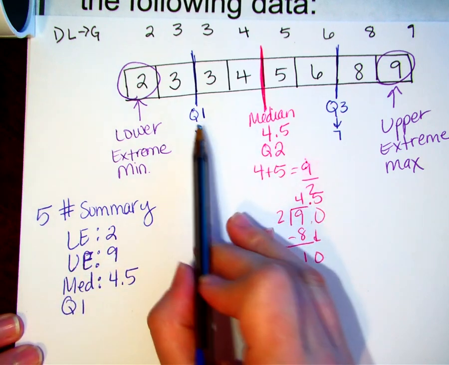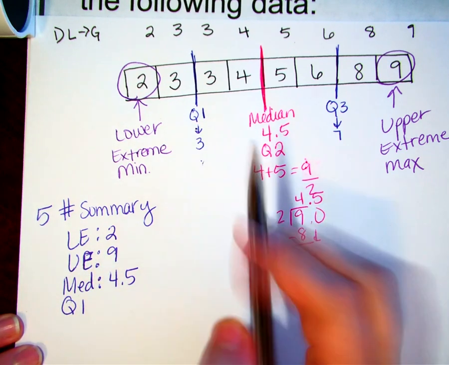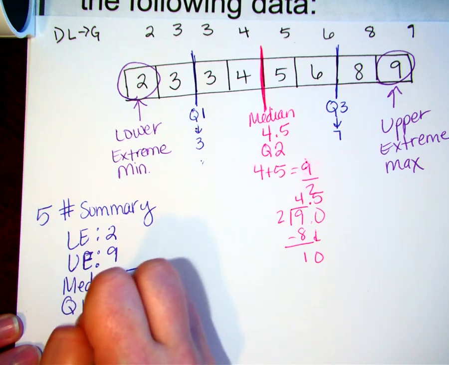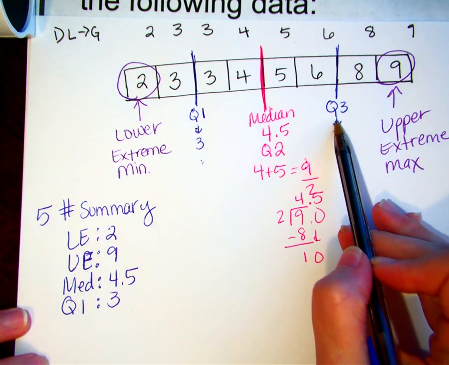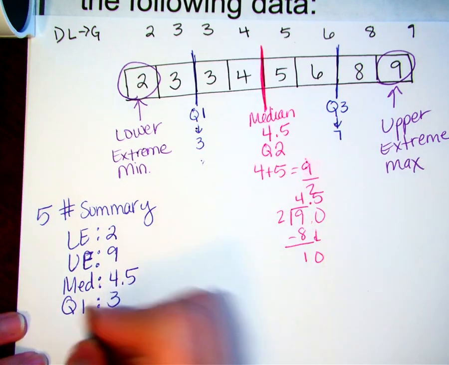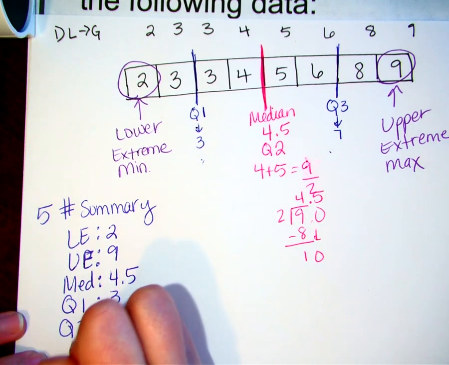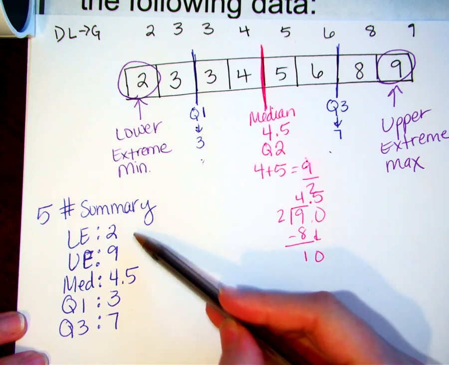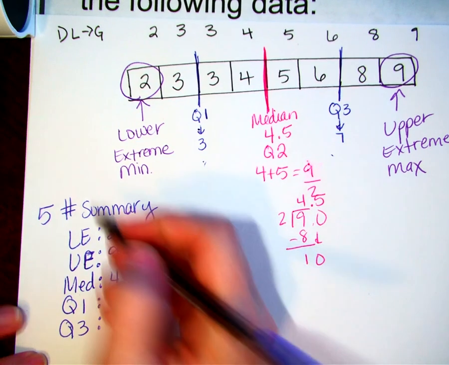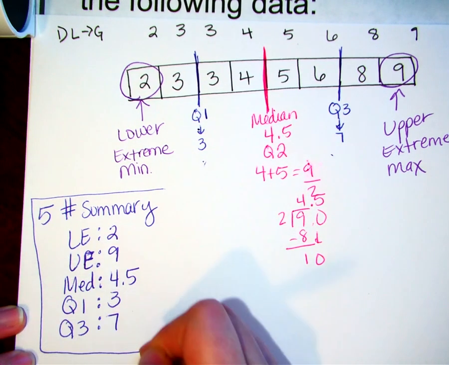Q1 is 3. And Q3, our quartile 3, is 7. So those are our 1, 2, 3, 4, 5 important numbers to create our box plot.